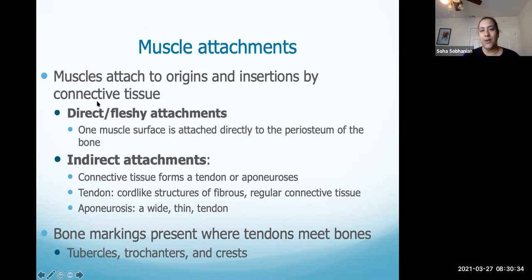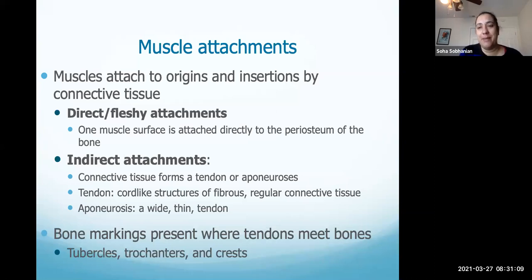So let's read the description. Direct or fleshy attachment is identified as when your muscle surface, the muscle itself, directly attaches to the periosteum of the bone. Everybody remember what periosteum was? Does that sound familiar to you guys? Can anybody tell me the description of periosteum? Does it sound familiar?